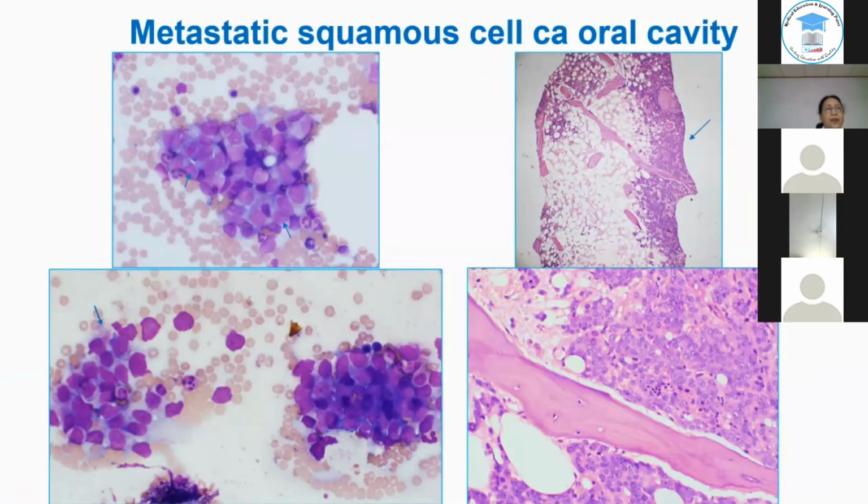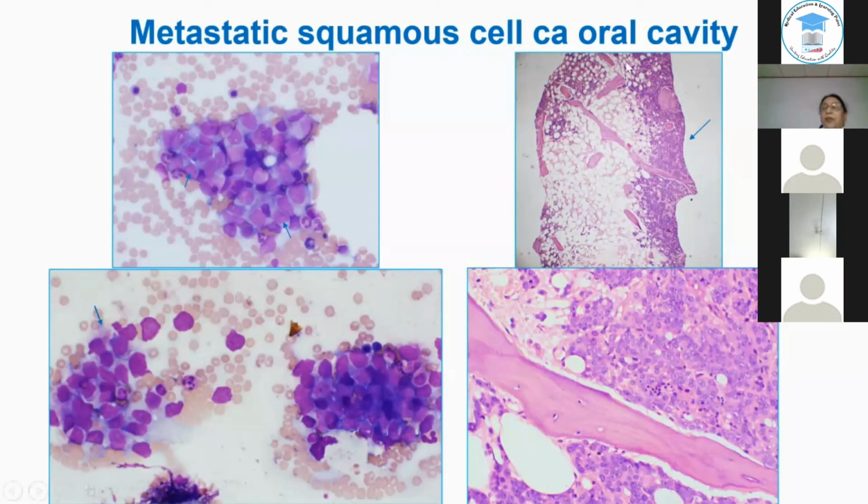So bone marrow was done for that, and we got metastatic deposits in the bone marrow. Here you can see these reddish inclusions. They indicate this metastatic oral carcinoma.